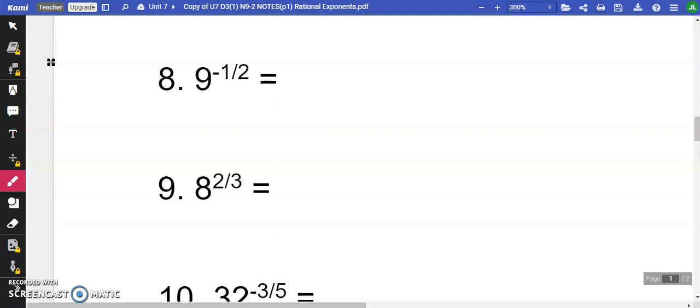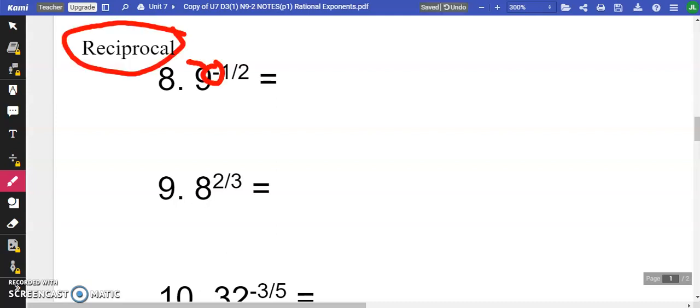Now for question number 8, we see that the exponent ends up as a negative. So basically what that means is we're going to take the reciprocal of whatever the answer would normally be. And so of course reciprocal just means that it goes on the bottom of the fraction, or if you have a fraction, that the fraction flips. So when I see a negative exponent, I know I need 1 over something.